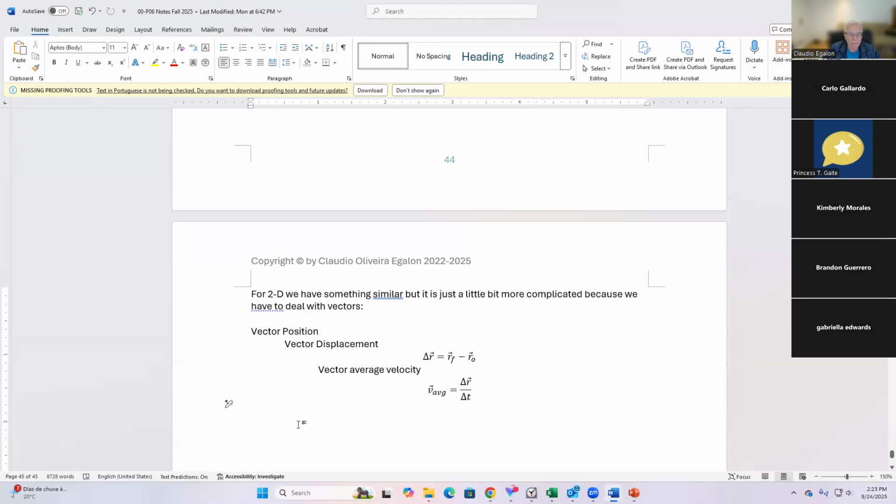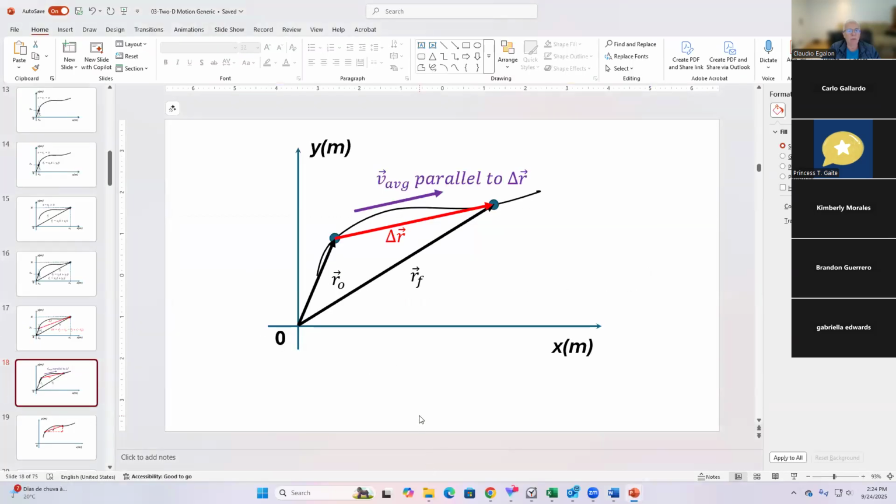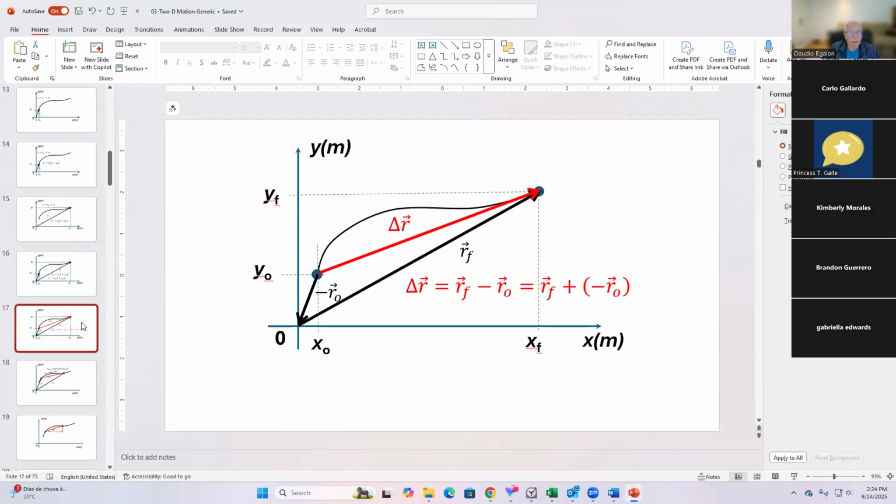Notice that the average velocity vector is parallel to the displacement vector. And that's what I drew right in here, but I want a different one.